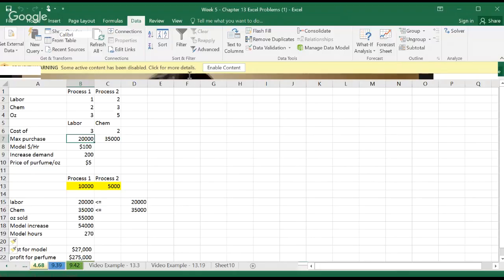And so we need to fix the labor. I did that one wrong. It's just simple: we're summing the 20,000 units of labor times the cost of the labor, and taking out the cost of the chemicals. There we go. Now we're getting it.